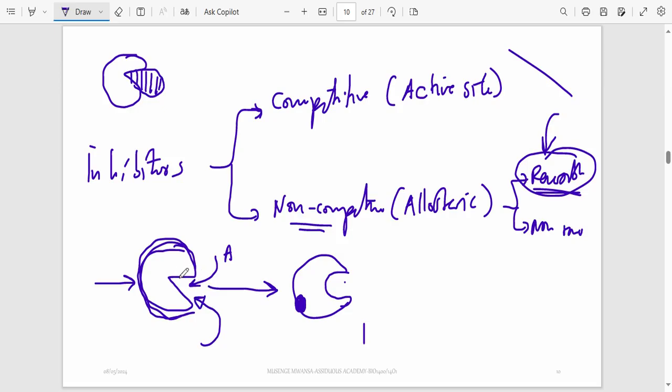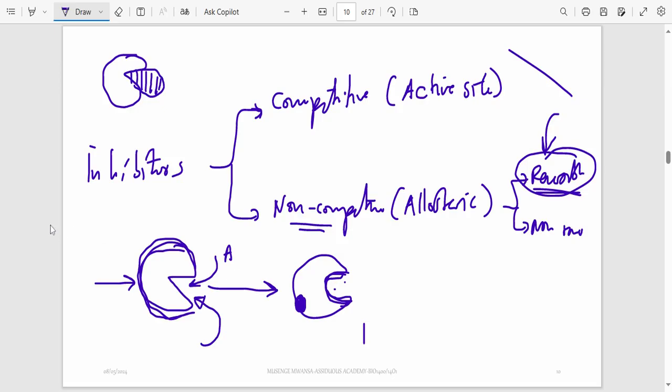You can see it was somewhat pointed, but it has now become rounded. Because the binding of the inhibitor changes the active site, the enzyme is not able to speed up the reaction of the substrate. Is that okay?